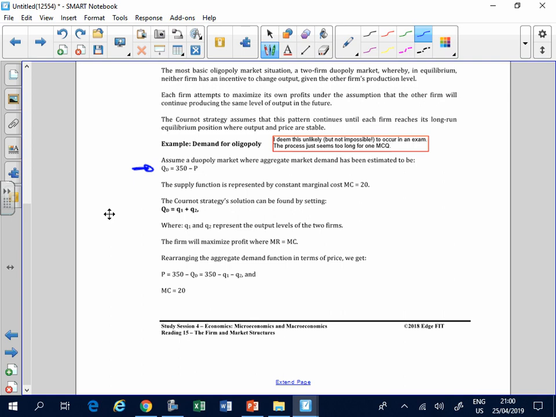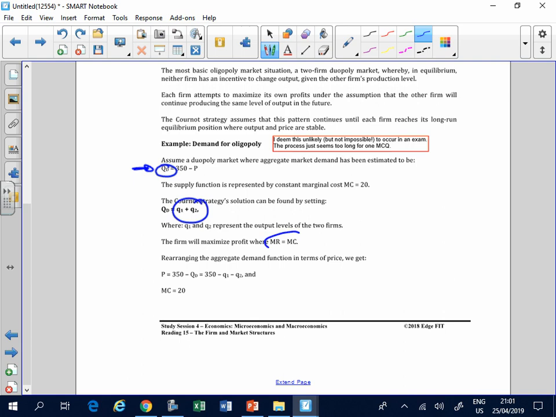To make this easier to do, and you can do this with as many firms as you want, as long as you assume they all share equal proportions of the market, we're going to divide into 2 firms. It's a duopoly. The easiest way is to just divide that right down the middle, but mathematically it's equivalent to saying that that number there is equal to firm 1's output plus firm 2's output. You get that? So Q1 plus Q2 equals QD.